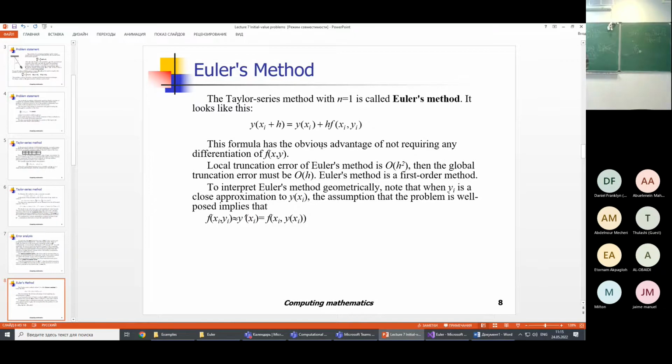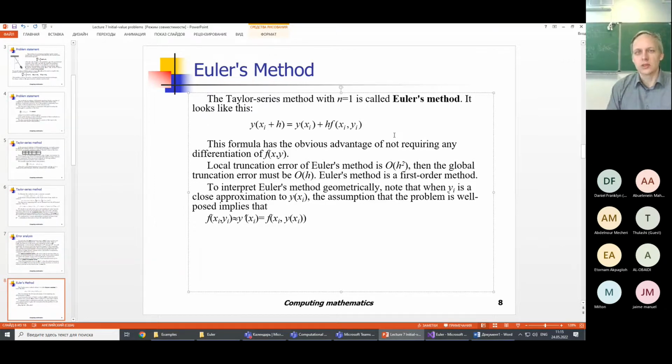This is the main formula for the Taylor series Euler method. Please write it, fix it, and remember it. This formula is the main one.